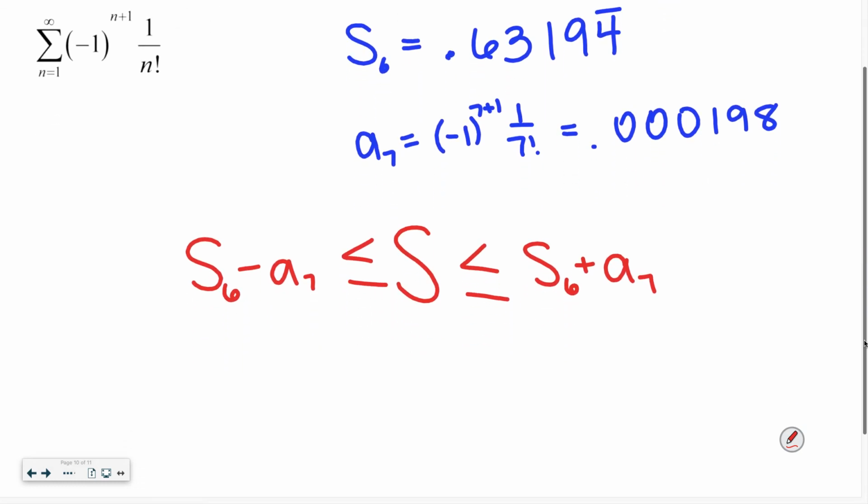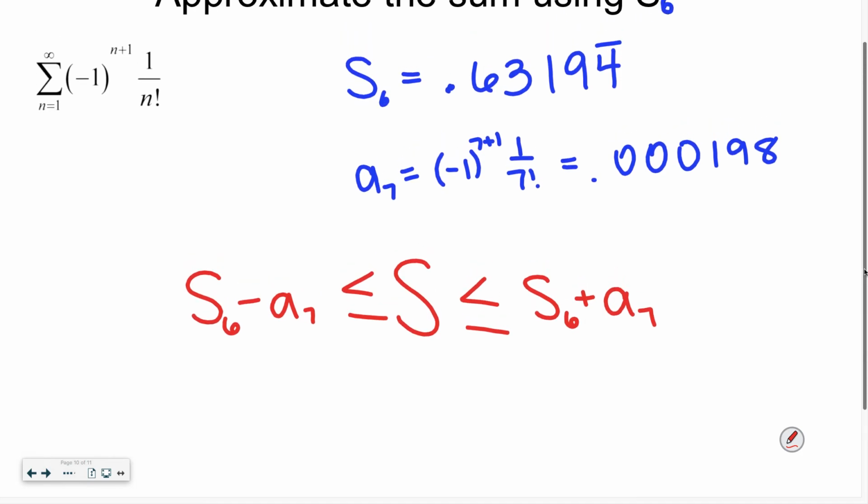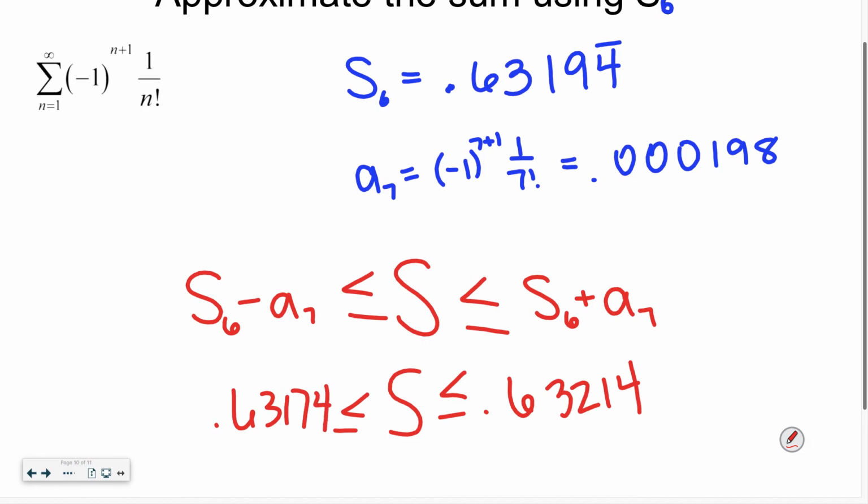This is the sum, and this is the next term. So our sum would be between 0.63214 and 0.63174. That's a pretty small window. So now you actually have some values to put on.